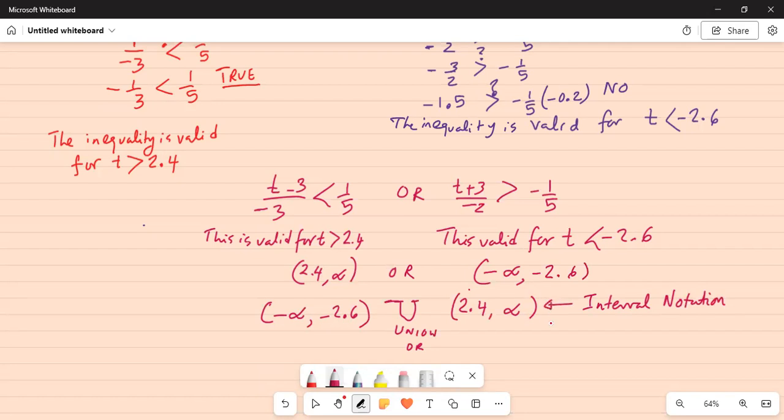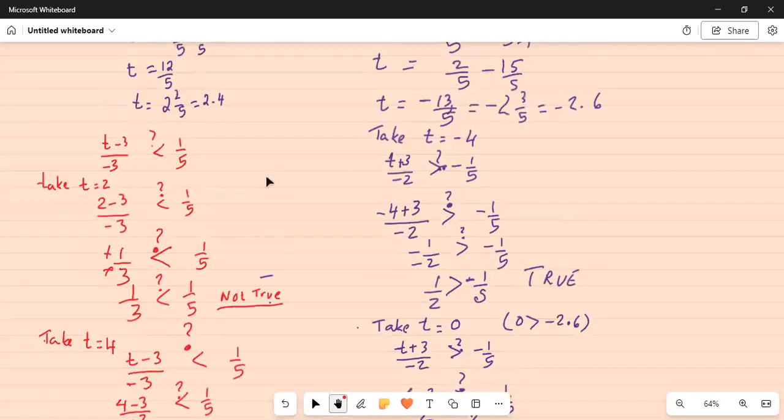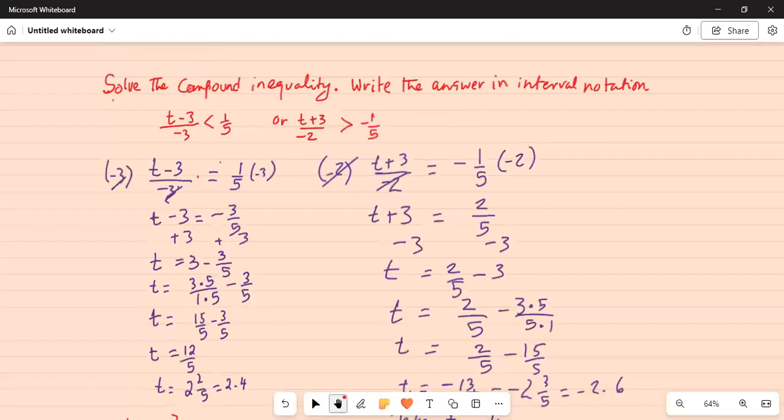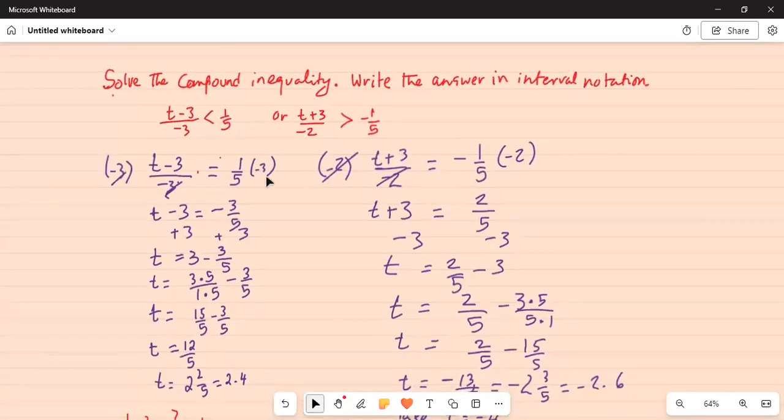Okay. So the important tip or hint I wanted to give you is that you have to divide a compound inequality into two parts and solve each inequality separately and find out the region where the inequality is valid. So in order to do that, first you have to set up the inequality as an equality with an equal to sign and solve for the value of the unknown t.